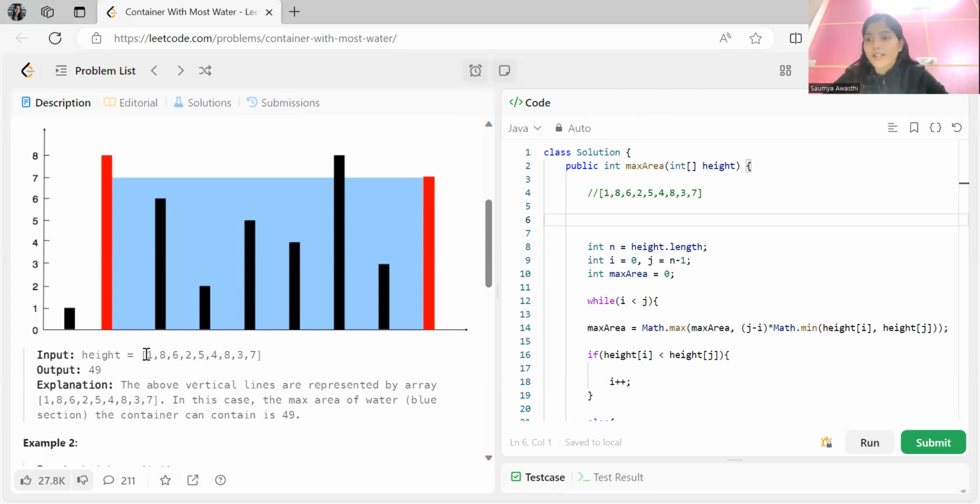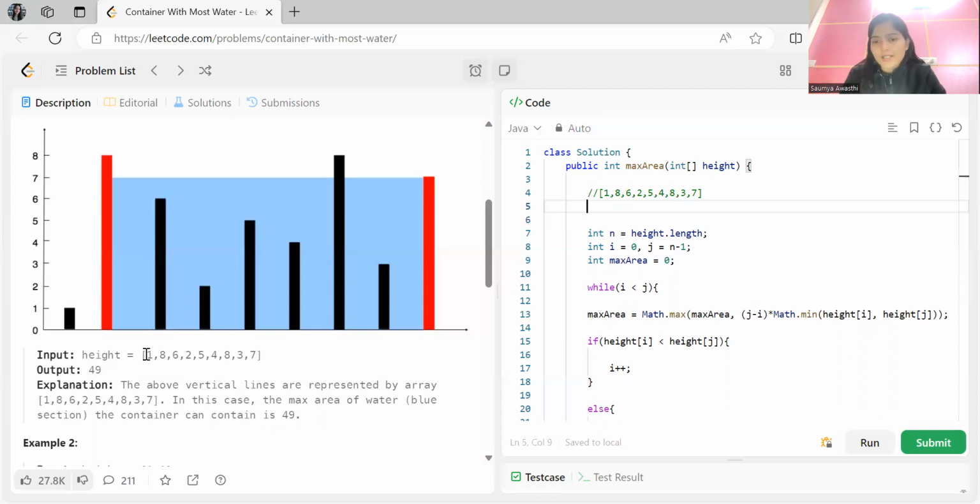So width you are already decreasing. Now what can contribute in increasing the area? Obviously height can, right? So that is what our strategy is going to be to solve this particular problem, right?